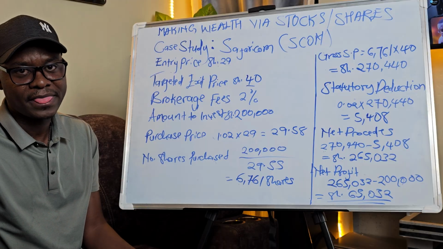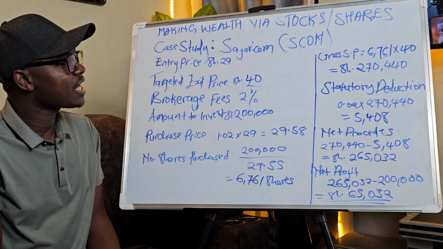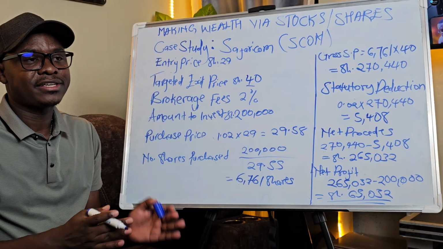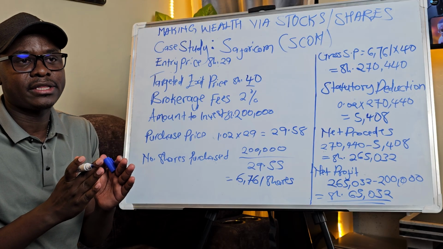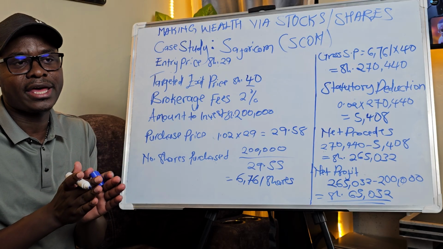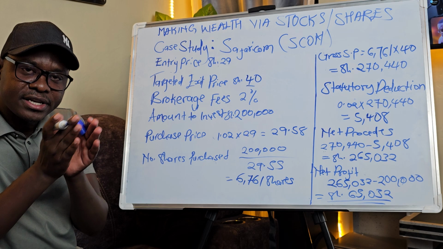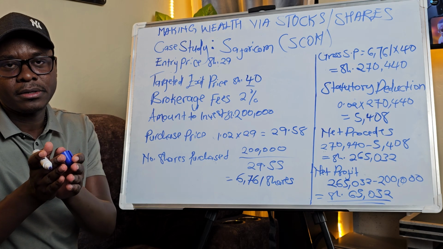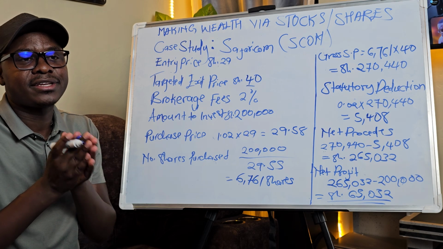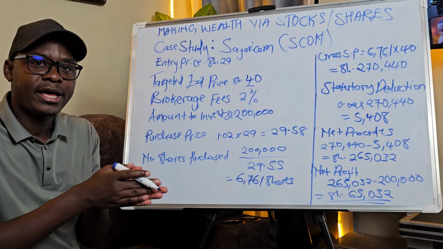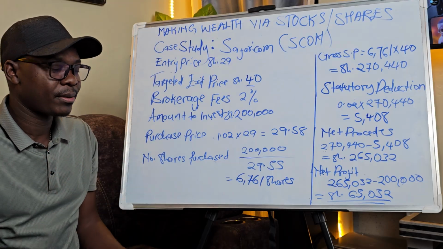And capital gain means the difference between the price at which you bought the shares and the current prevailing price. In other words, it's the difference between the capital you invested and the portfolio value. So that's what we call capital gains.